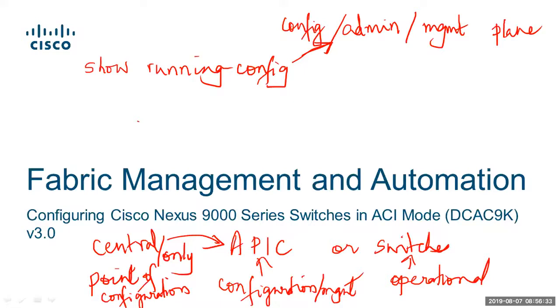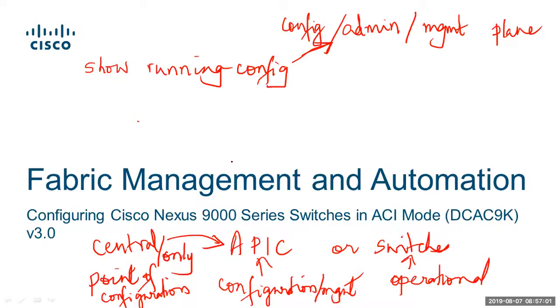APIC also collects health information or telemetry information. It's a point of collection, so it knows how these devices are functioning. It also means APIC is the only device through which you can do any kind of image upgrades.